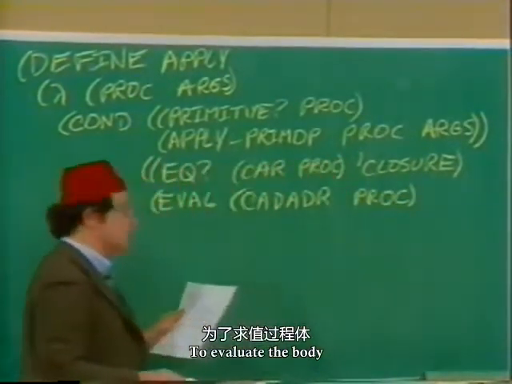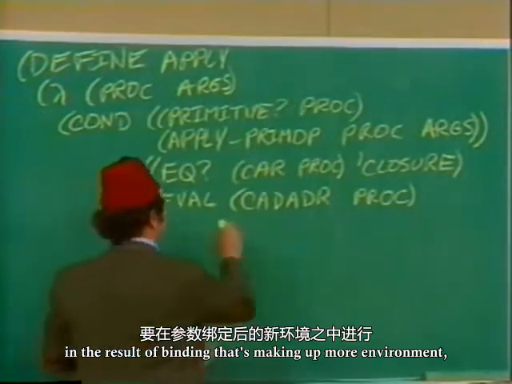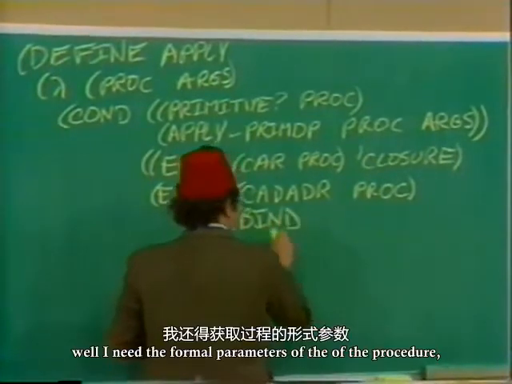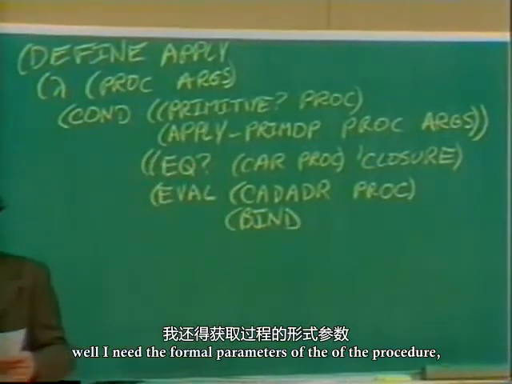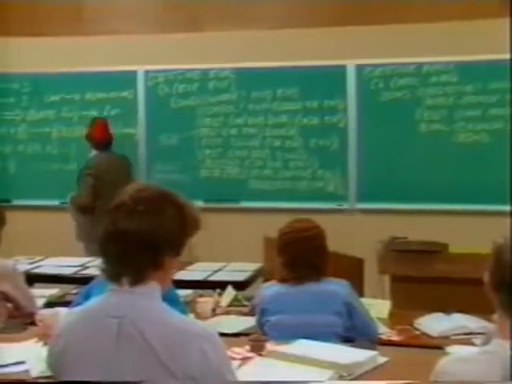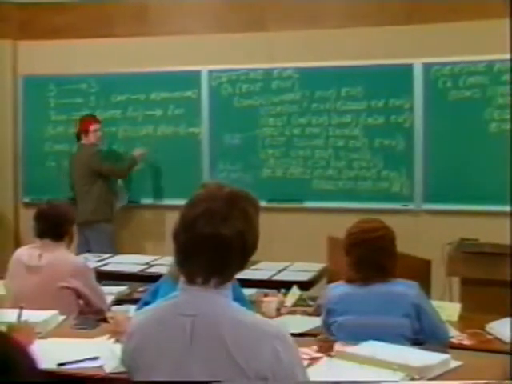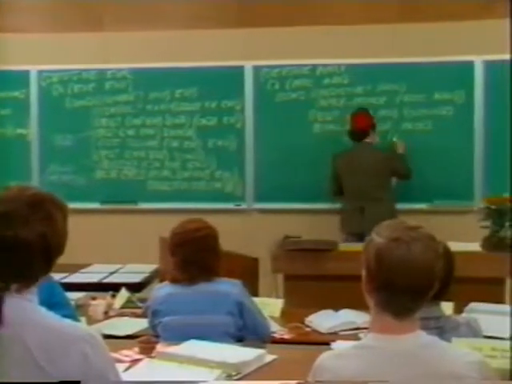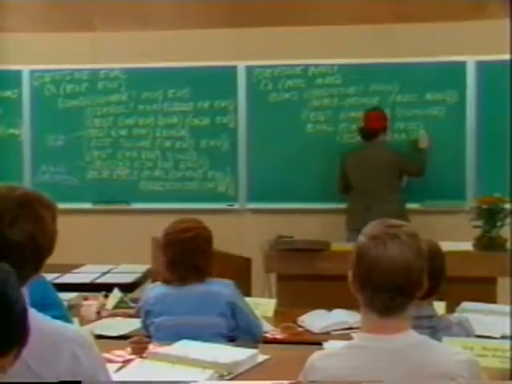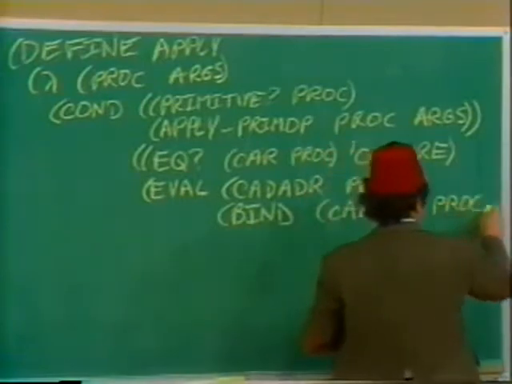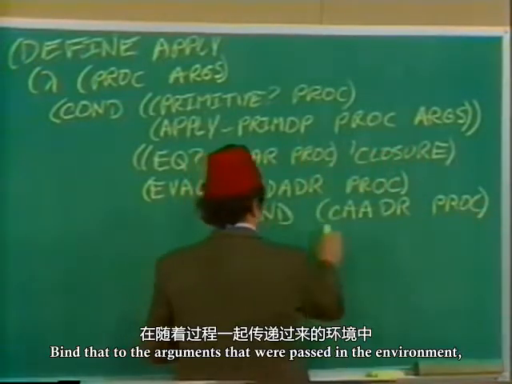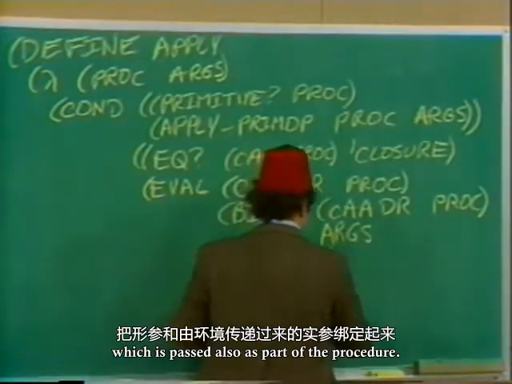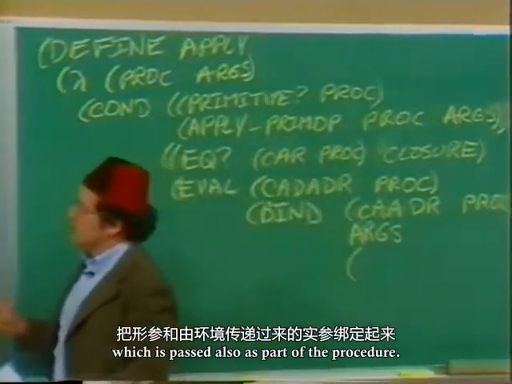So I evaluate the body in the result of binding, that's making up more environment. Well, I need the formal parameters of the procedure. What is that? That's the car of the cdr of the procedure. Okay? It's horrible, isn't it? Bind that to the arguments that were passed, in the environment which is passed also as part of the procedure.